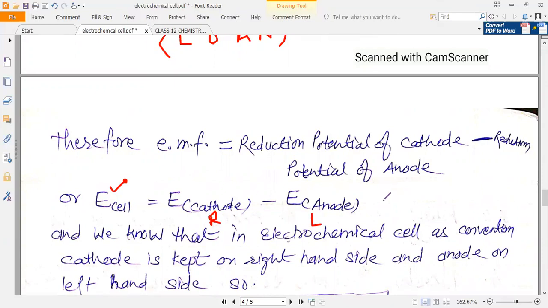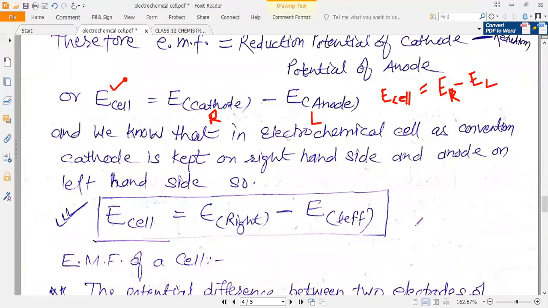So we can write E cell equal to E R minus E L. This is a very simple way to represent EMF of the electrochemical cell. So E right minus E left.